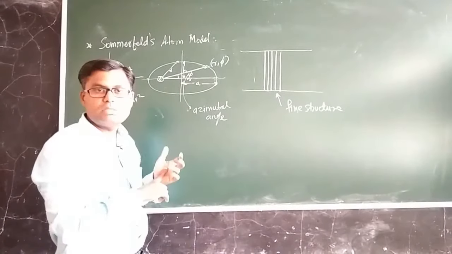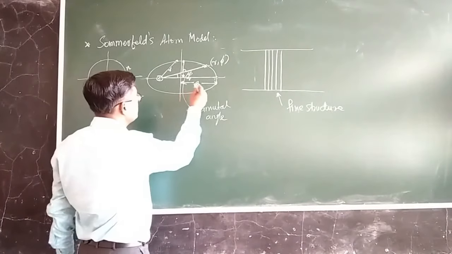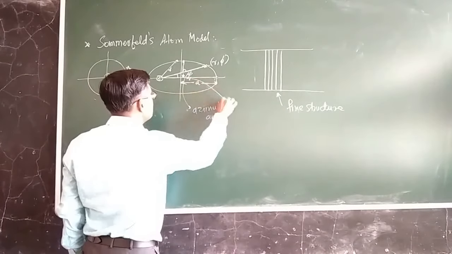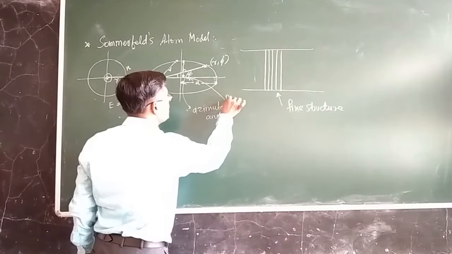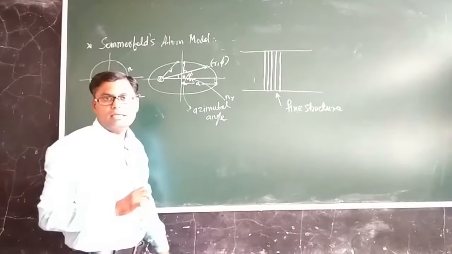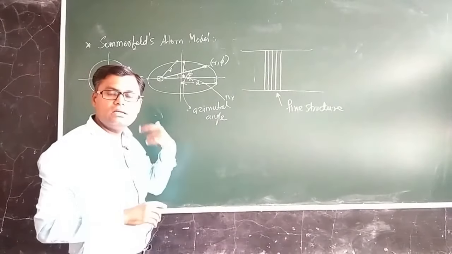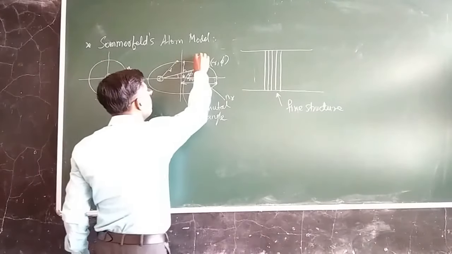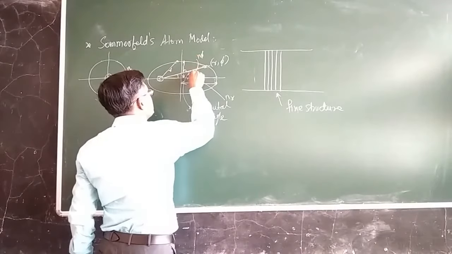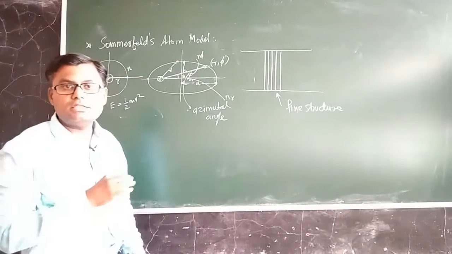So what two quantum numbers? The first is associated with the radius vector, and it is denoted by n suffix r. This is the quantum number associated with the radius vector. The other is n phi, which is associated with the azimuthal angle.